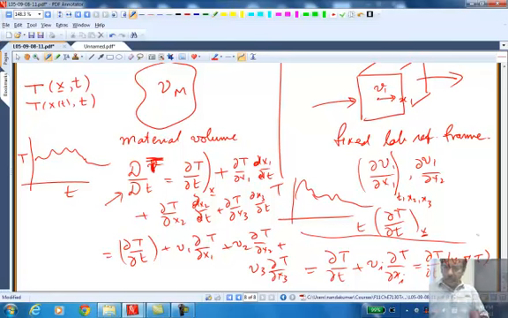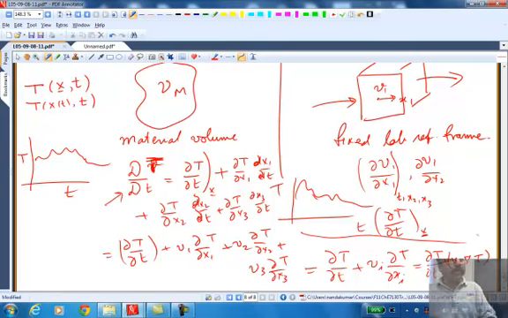Okay, I think there is another example in Bird, Stewart and Lightfoot where he's talking about fishing in a river. If you anchor your boat at a particular point and then measure the concentration of fish locally, you are measuring the Eulerian observation. So if you take the derivative of that, you are going to see how fast fish concentration is changing at a particular location.